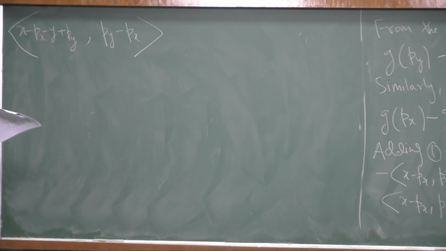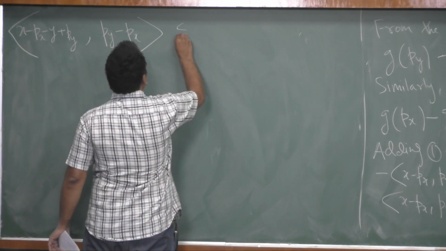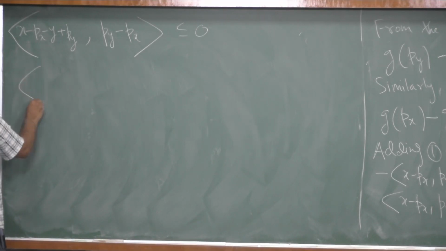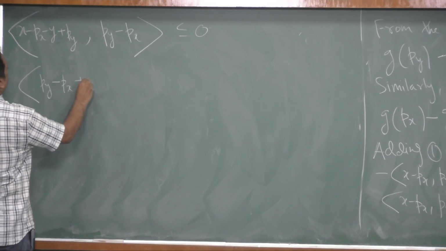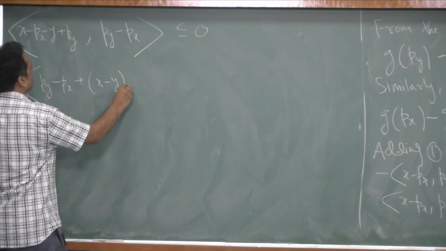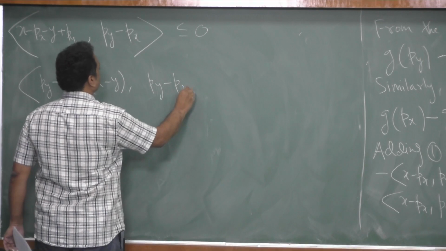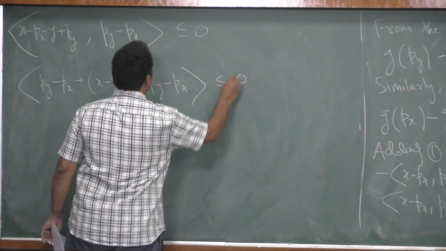So x minus px, and then I took a minus there, so then it became minus of y, and then plus py, and then the second argument became common, so py minus px, and here also it's py minus px. Okay, so this is less than equal to 0, and this is py minus px plus x minus y, py minus px, less than equal to 0.